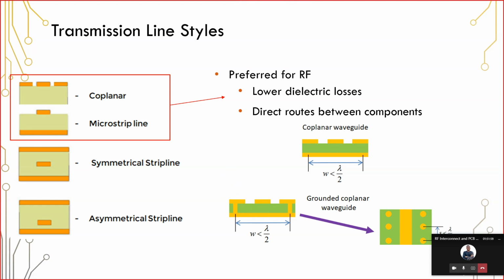The reason is to prevent any kind of resonance that might build up in this cavity and then cause a very high impedance that creates reflections along this interconnect. So this is another instance where resonances are very important to understand. As long as this width is less than the wavelength, or half the wavelength, I should say, of your signal, then you can prevent those resonances.